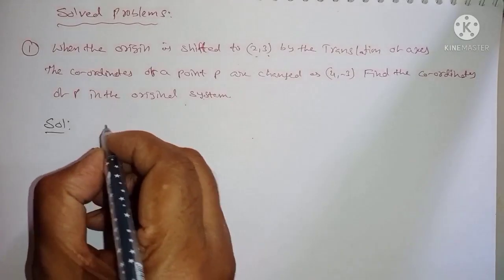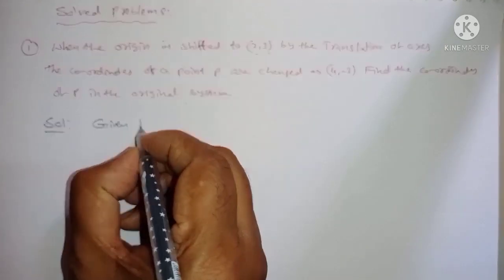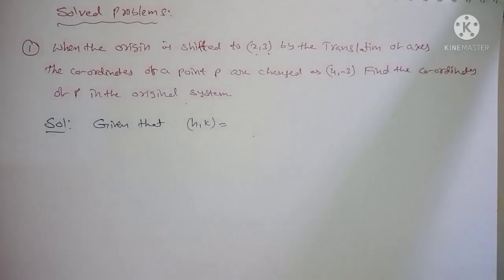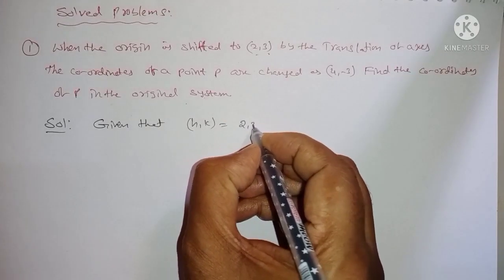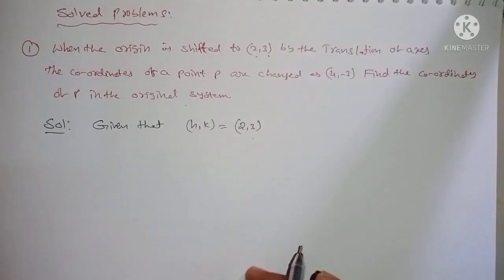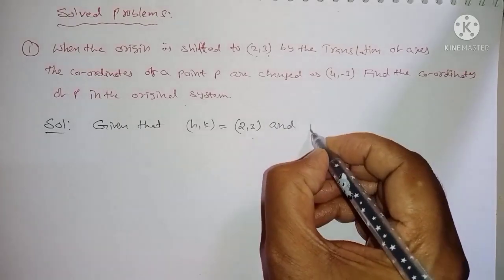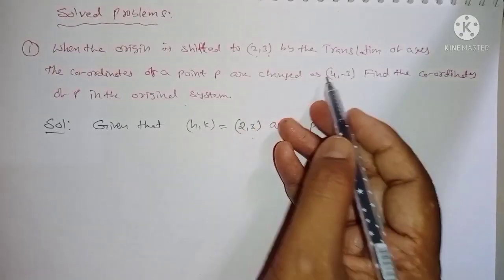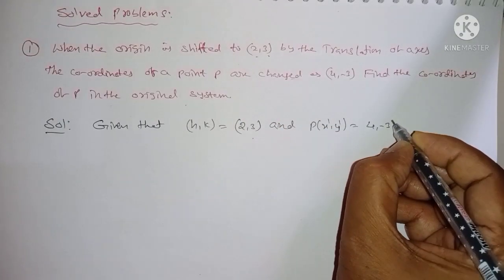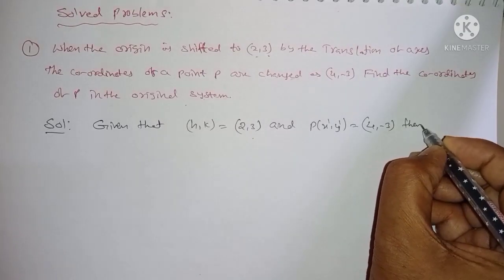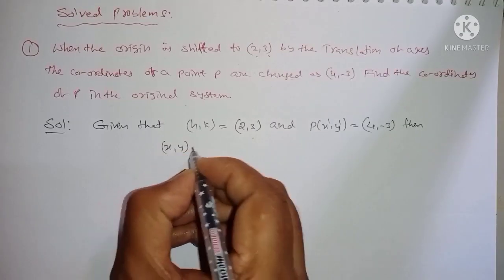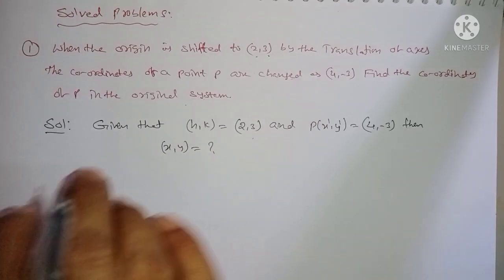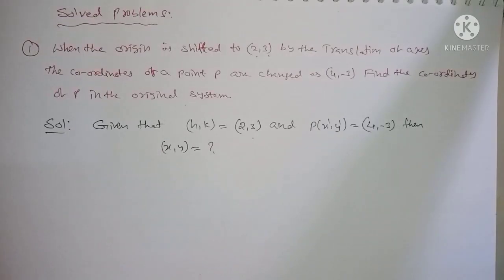Therefore you can write here, given that h comma k is the shifted origin, you can write here 2 comma 3, that is h comma k, and P of x dash comma y dash in the changed axis is 4 comma minus 3. Then x comma y is equal to what is, this is the given problem.